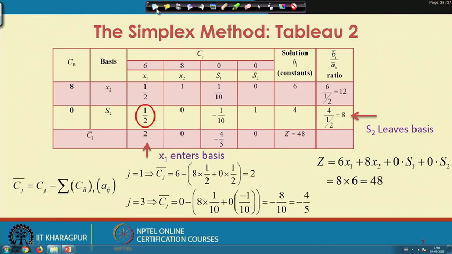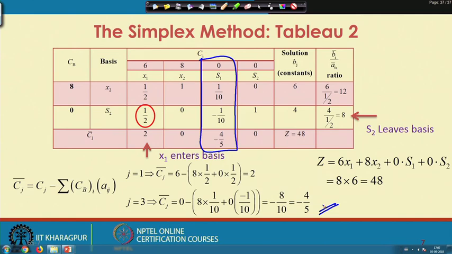Similarly, you can also calculate for the other non-basic variable S1 and you will find the value as minus 4 by 5. How do you get it?